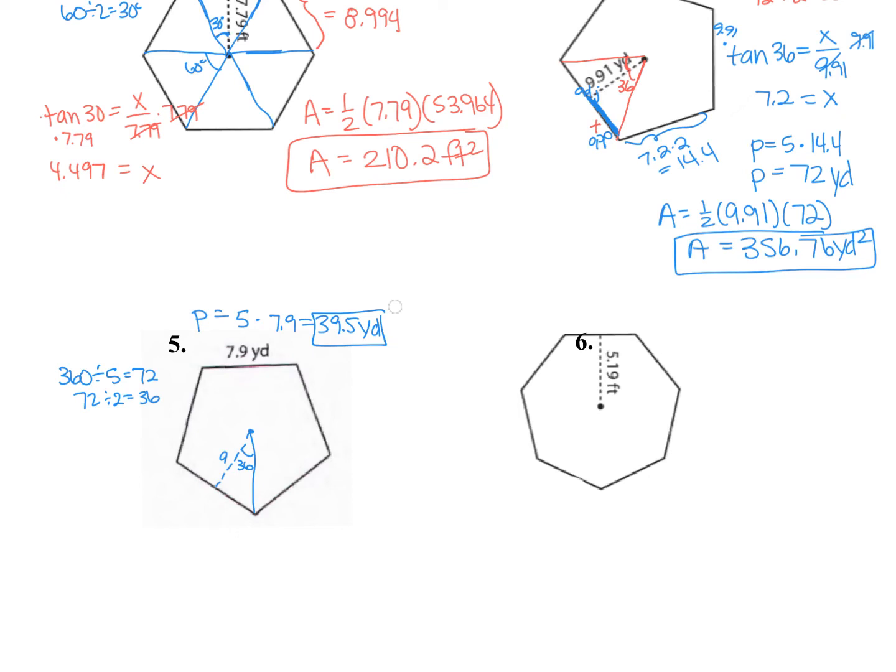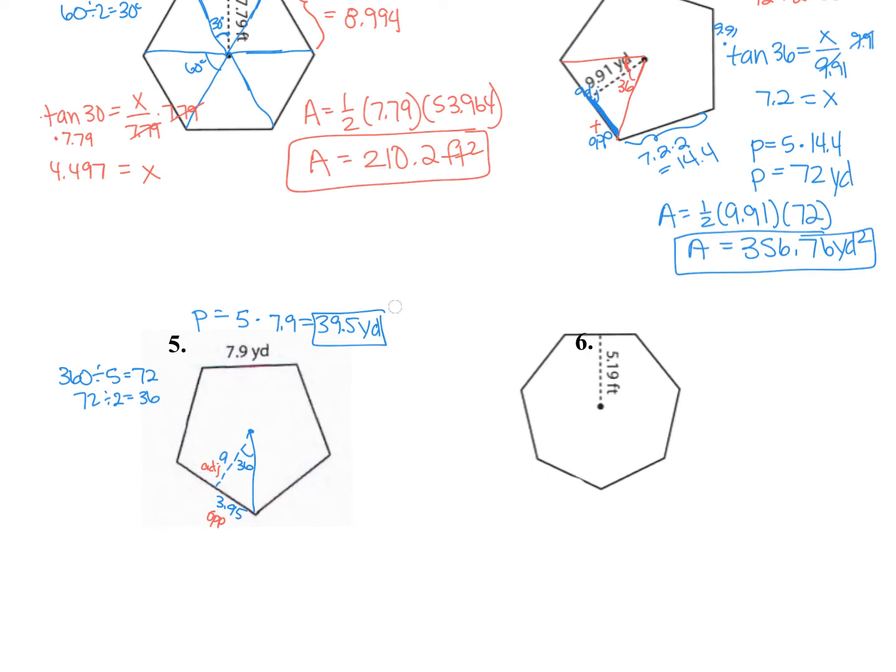And so now my apothem would be my side adjacent. My opposite side I can figure out. My opposite side is going to be 7.9 divided by 2. And I think when you do 7.9 divided by 2, you find that it's 3.95.